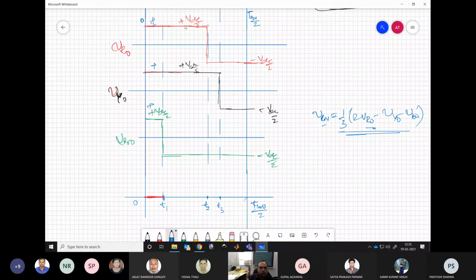Now the next instant, R is positive, Y is positive. By positive I mean connected to plus VDC by 2, the positive DC bus. But VBO is negative. So here R and Y are positive and B is negative. You can see that VYO and VBO are getting added. Whenever they have opposite polarity, they simply cancel out.